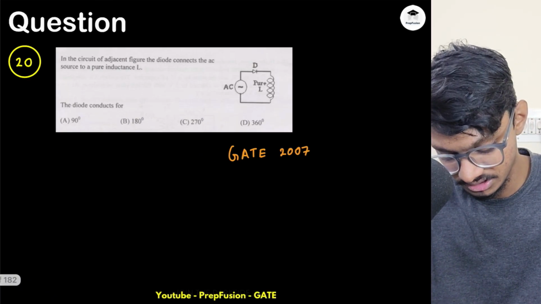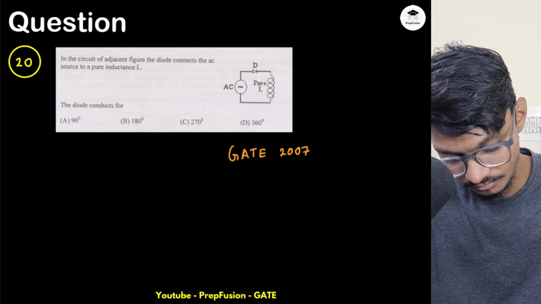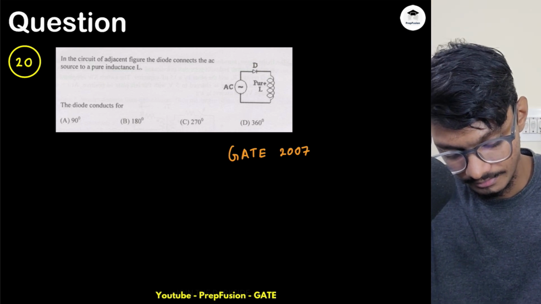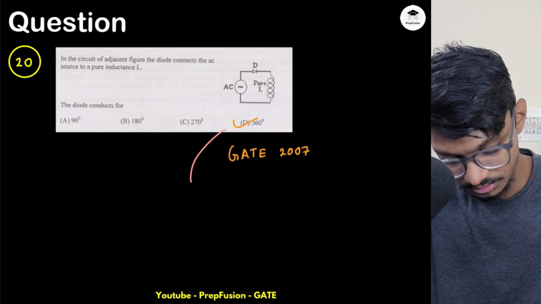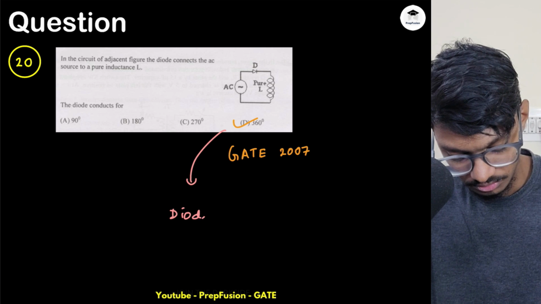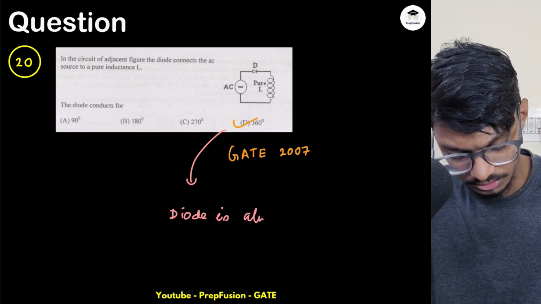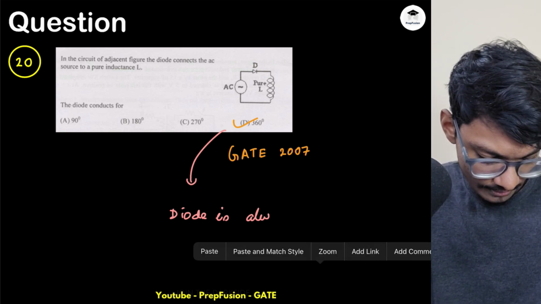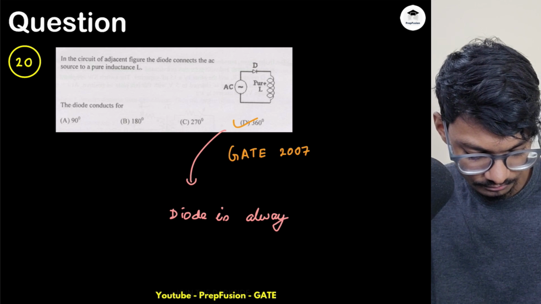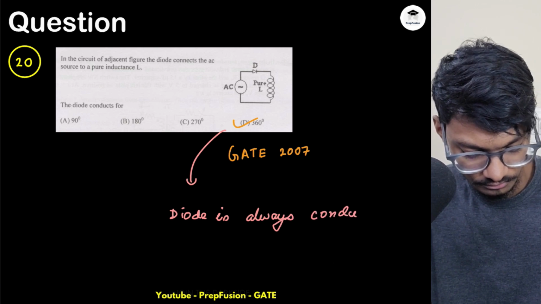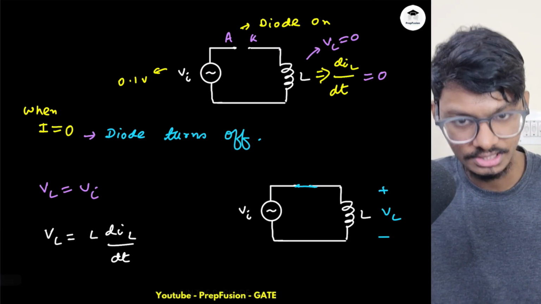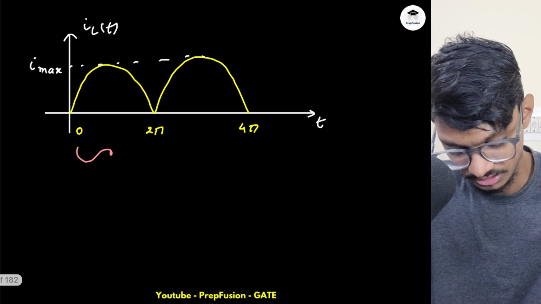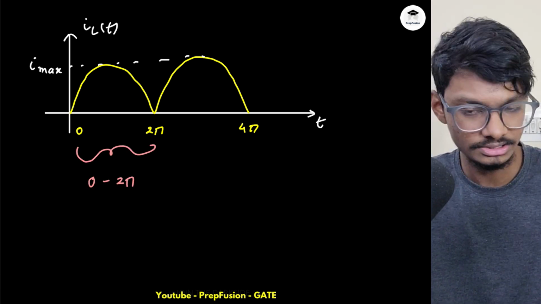So it should be 360 degrees, because the diode is always conducting. That's why the answer will be 360 in this case. So it conducts for this whole window, 0 to 2 pi. So 2 pi is 360 degrees.